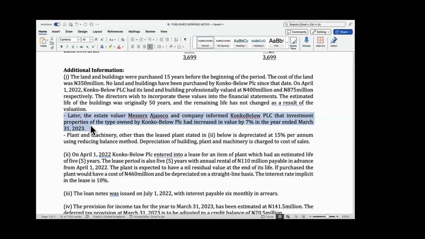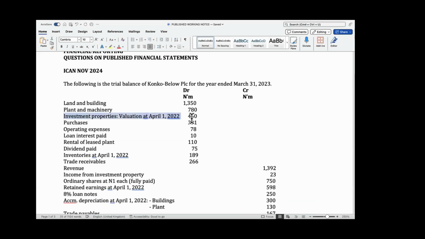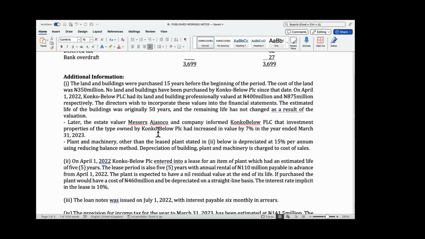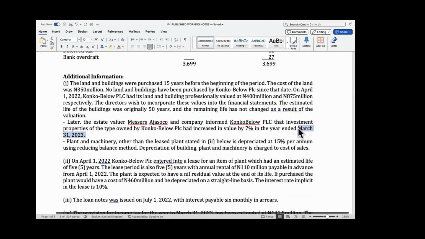This is telling me that my investment property that I have in my books, which I just valued at the beginning of the year, that means this company is using the fair value model for its investment property, valued at 450 million. This estate valuer says that the value had increased by 7% at the end of the year, which is March 31st, 2023. This is the end of the year.